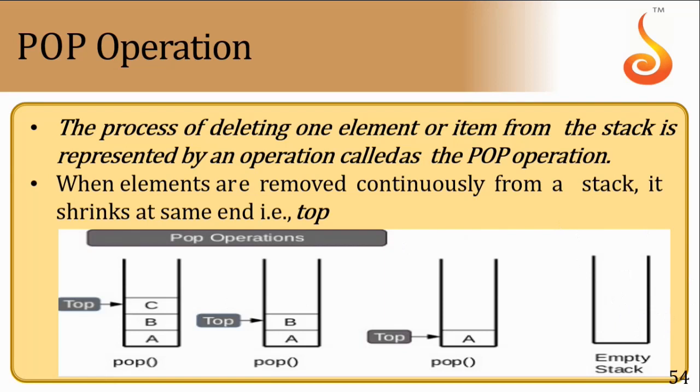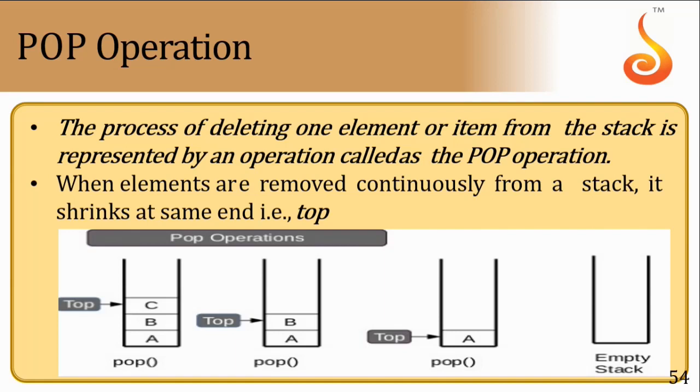So whenever you're writing the algorithm for pop, you have to check for the underflow condition first, and when the condition is not true, that is, the elements are there in the stack, only then do you proceed with the pop operation. The same way for push, you have to check for the overflow condition.